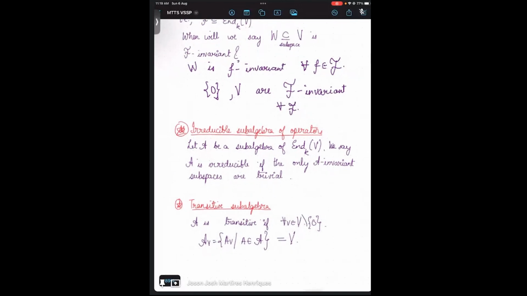So the idea is that any irreducible subalgebra, that is any subalgebra which would only preserve the trivial subspaces, would in fact be transitive. That is what we first proved. And then in order to prove Burnside's theorem, we will usually work with this definition of a subalgebra being transitive.